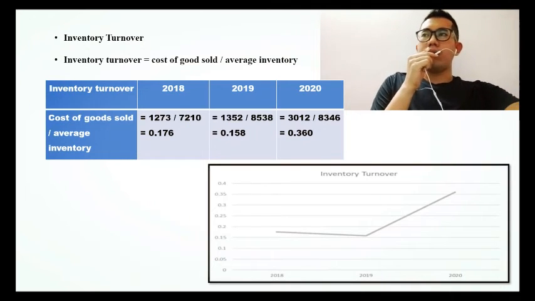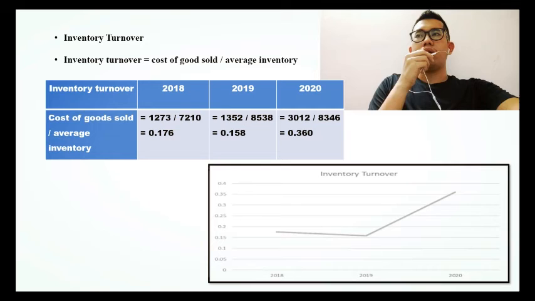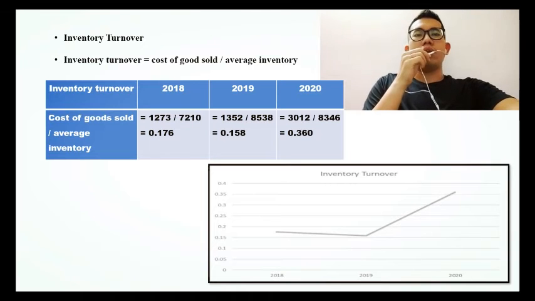Next, I will present about inventory turnover. Its formula is cost of goods sold divided by average inventory. There are three years in the inventory turnover: 2018, 2019 and 2020. To calculate the inventory turnover, we just take the cost of goods sold and divide by average inventory.